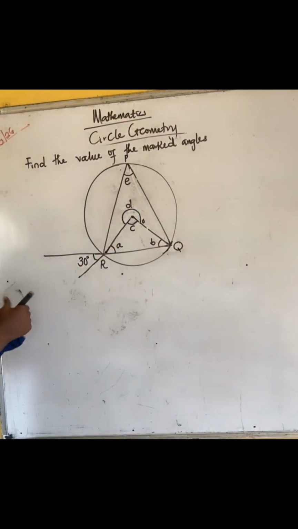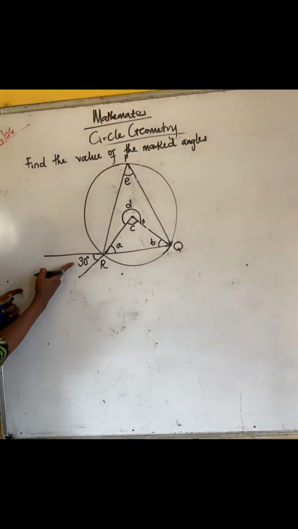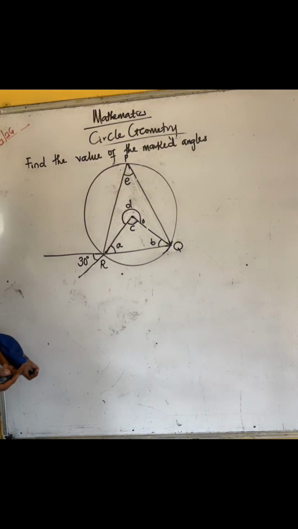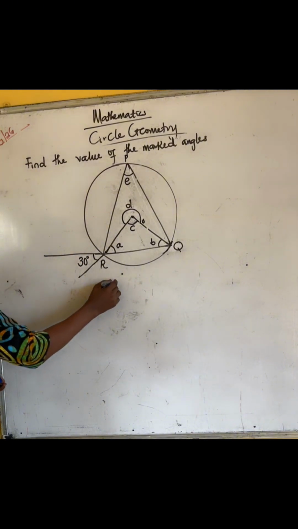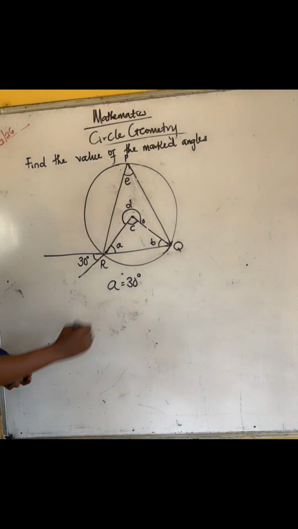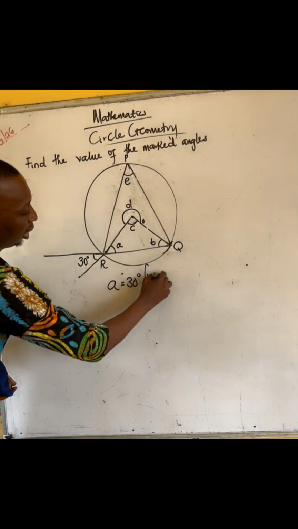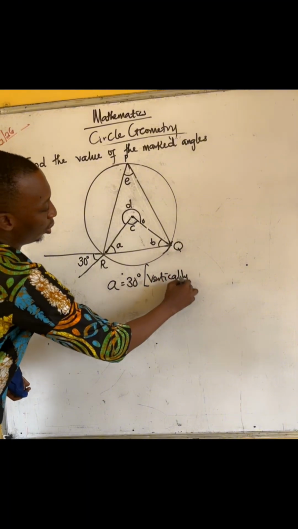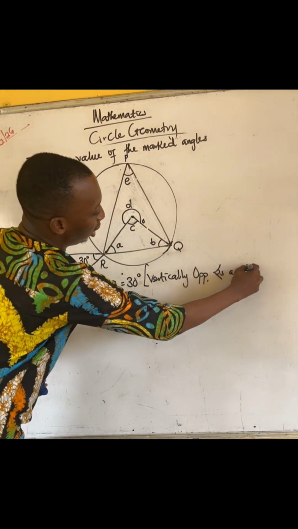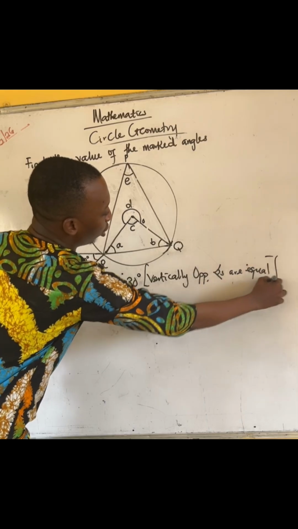By the time I look at this, I notice that this angle 30 and angle A are vertical and opposite. Therefore, I can see angle A is equal to 30 degrees. Why? Vertically opposite angles are equal. You must introduce your reason.